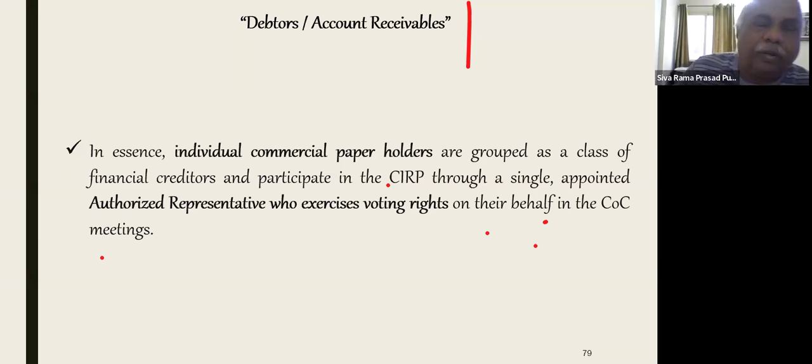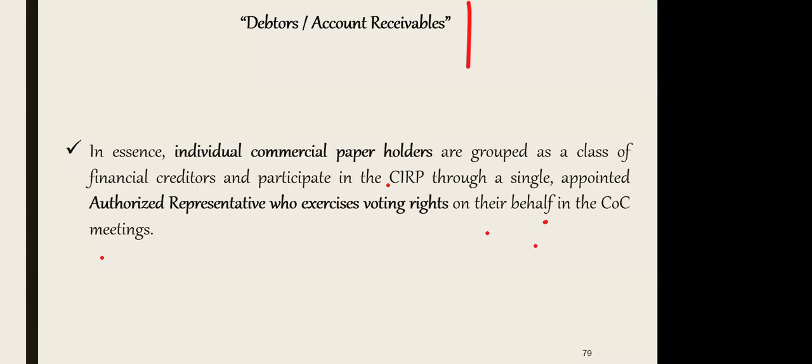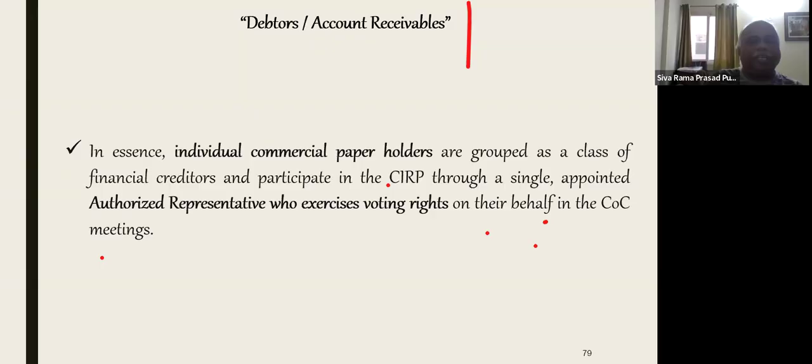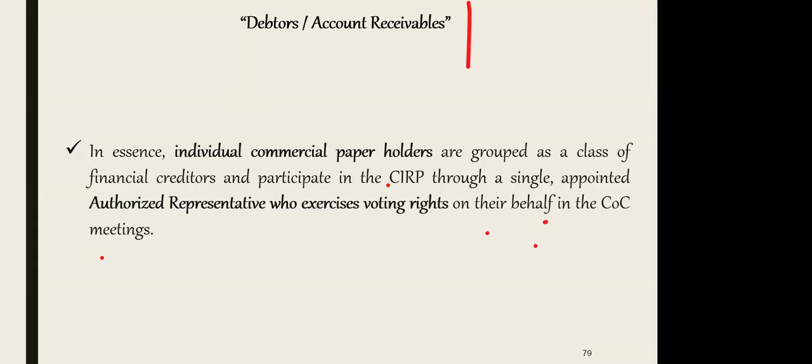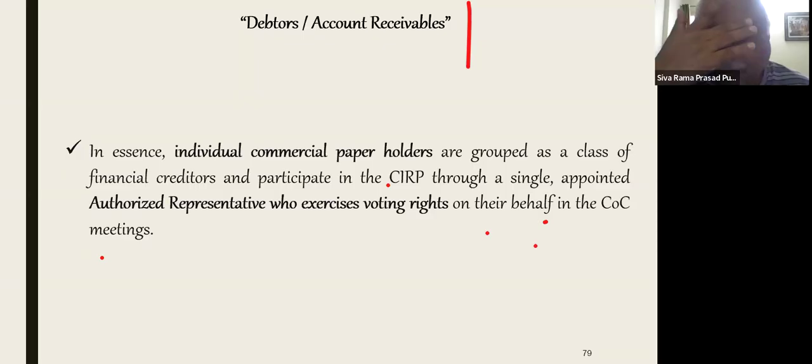No. Because they have not voted, they have not contested that particular decision. So take for example, in one company, 2000 commercial paper holders are there. They have contributed 1 lakh rupees each. The commercial paper size is not 1 lakh, madam. The minimum size of a commercial paper is 5 lakhs and multiples of 5 lakhs.